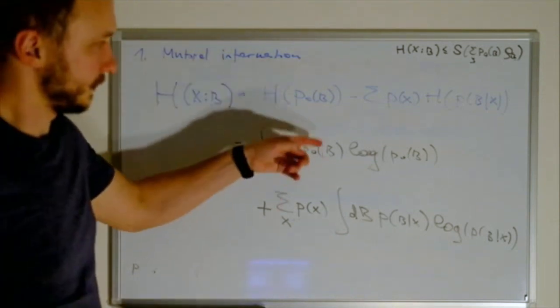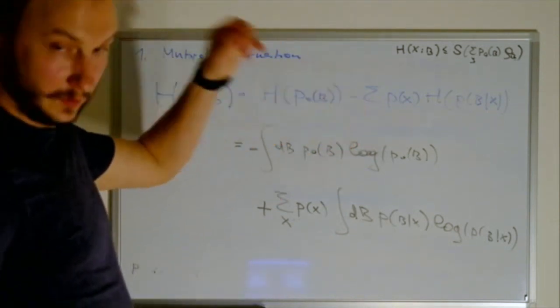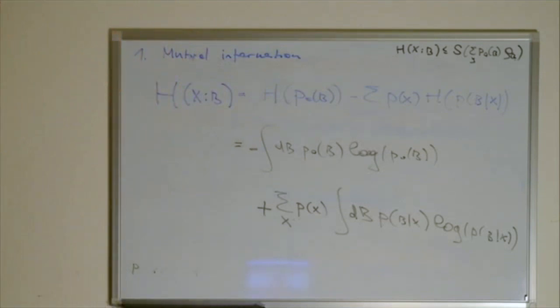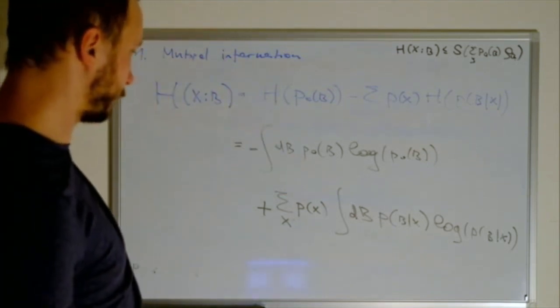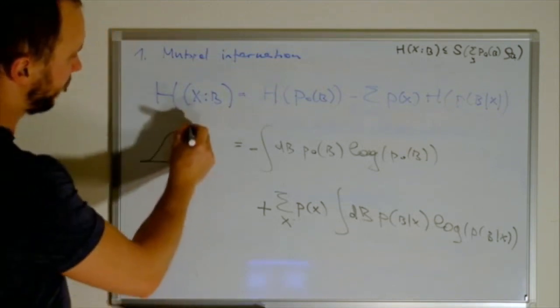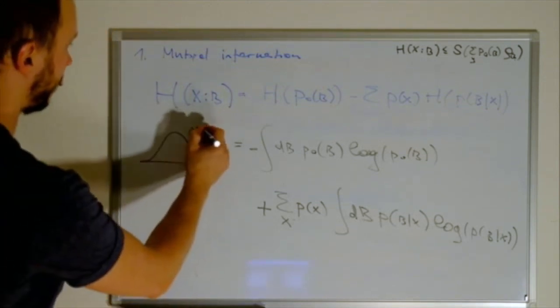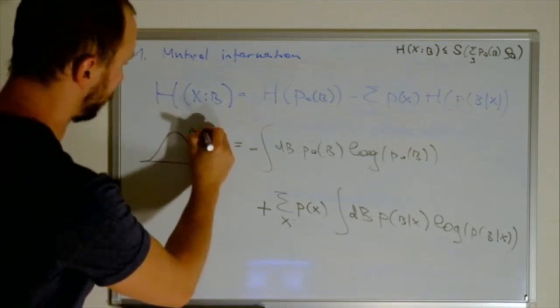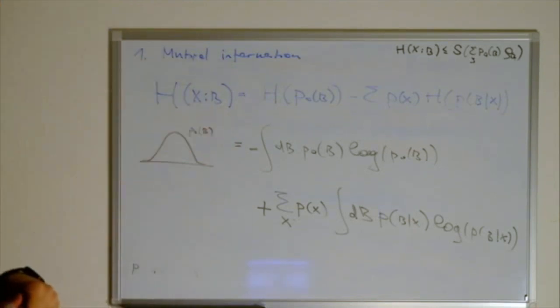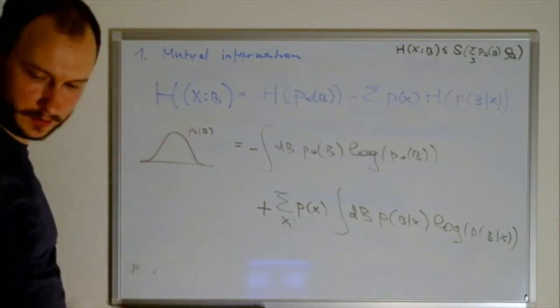So this is what you expect when you see such an expression for continuous distributions. We see how to interpret this. As before, we had some prior distribution of the parameter b, like a potato like this, but it has some entropy, so some uncertainty associated to it.